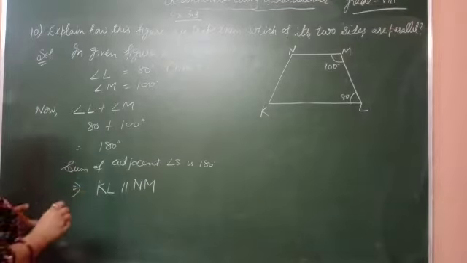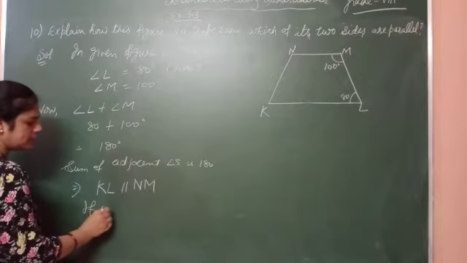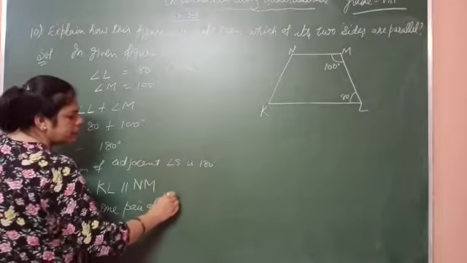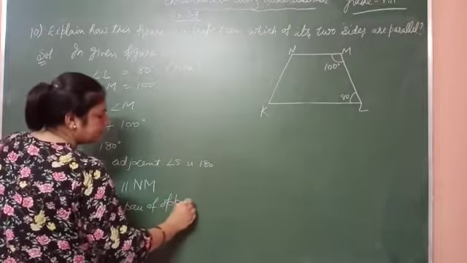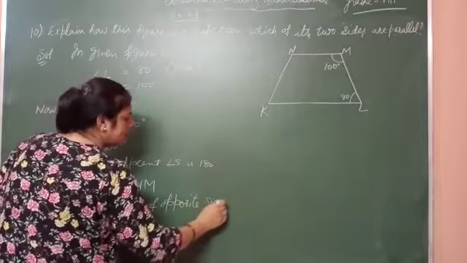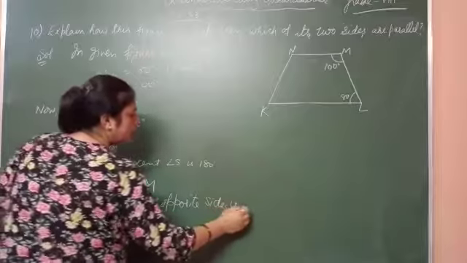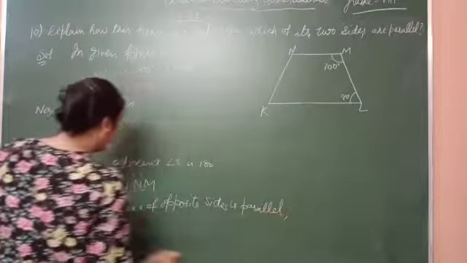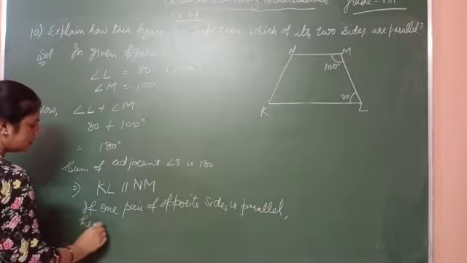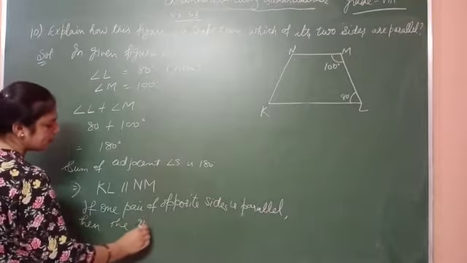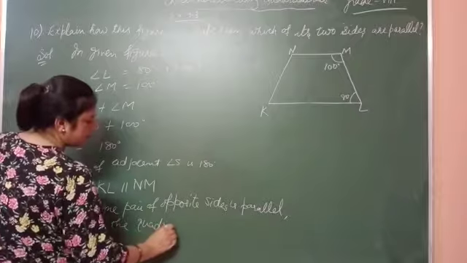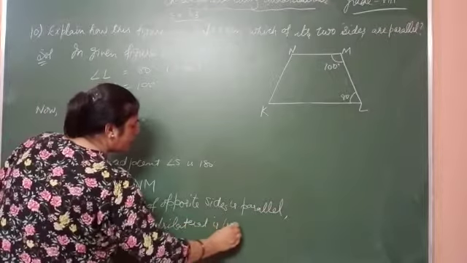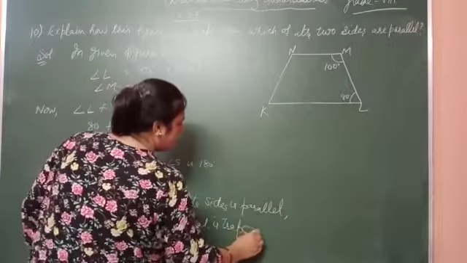If one pair of opposite sides is parallel, then we can say that the quadrilateral is a trapezium.